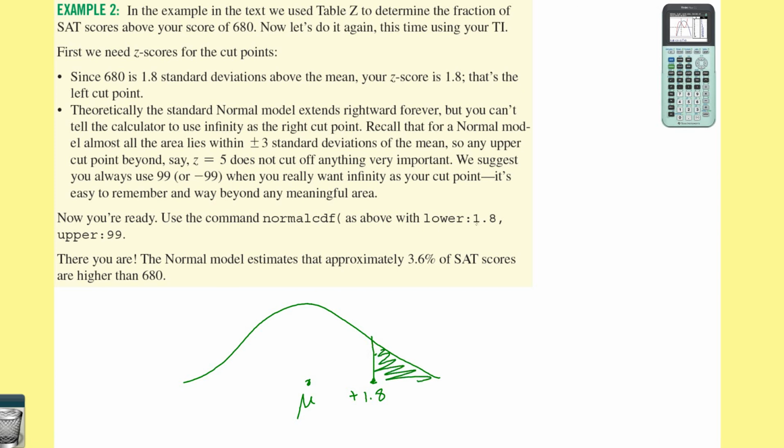You're going to go from 1.8 to about 99. That's pretty reasonable in this model. You don't need to go to infinity. You don't need to go a billion. Anyway, doesn't really matter. So let's keep going.